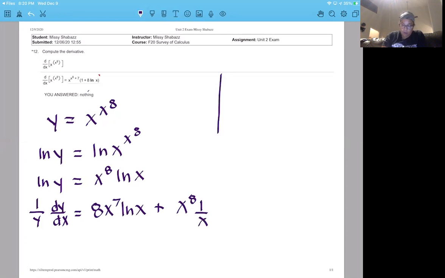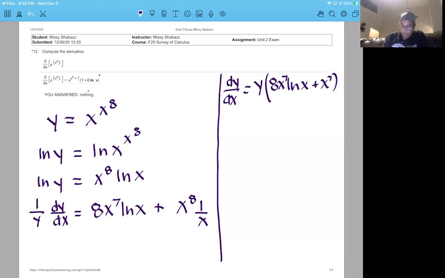All right, now I want to solve for dy dx, so I'm going to multiply both sides by y. So dy dx equals y times 8x to the 7th natural log of x, and then x to the 8th times 1 over x is just going to give me x to the 7th, right?